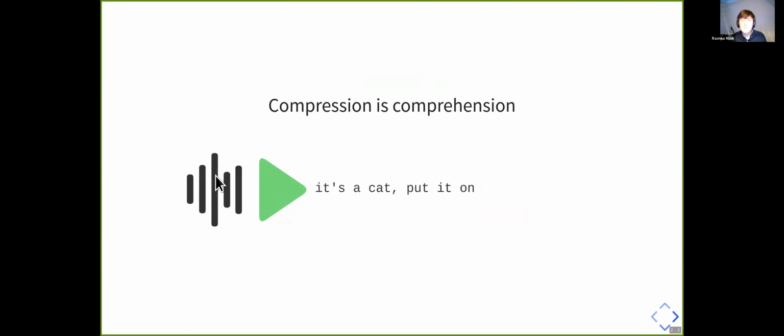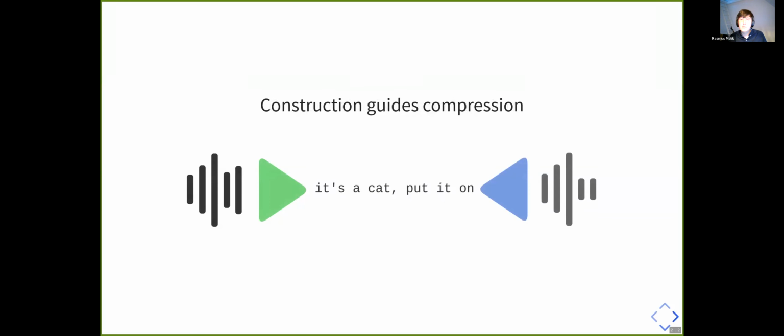So here we have an audio waveform going into an encoder or compressor, not a hearing aid compressor, but a computer science compressor, and it produces the transcript. So if you've compressed it well, you've maybe also comprehended it. And an autoencoder then tries to learn this compression through coupling it with a reconstruction such that a reconstruction can guide compression.